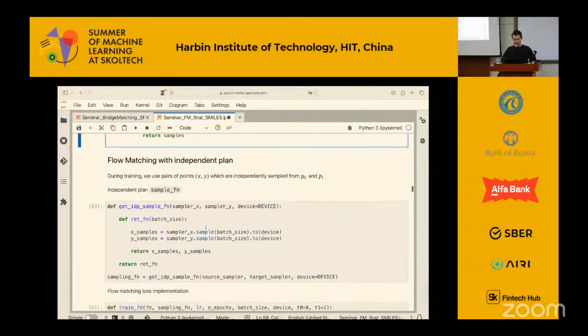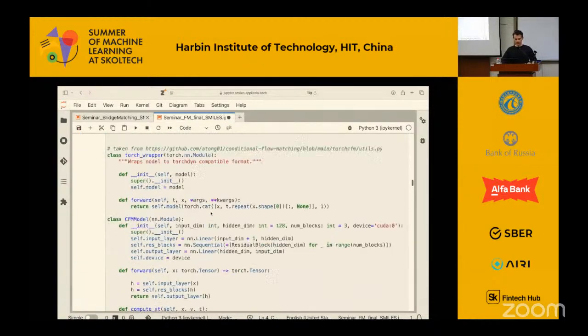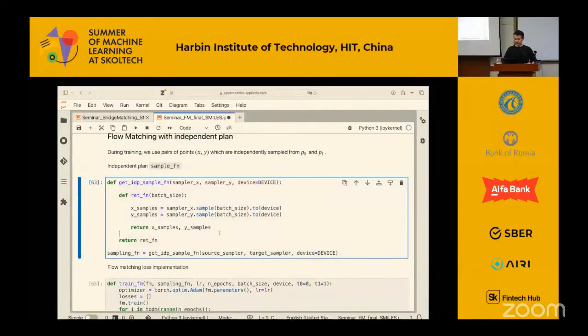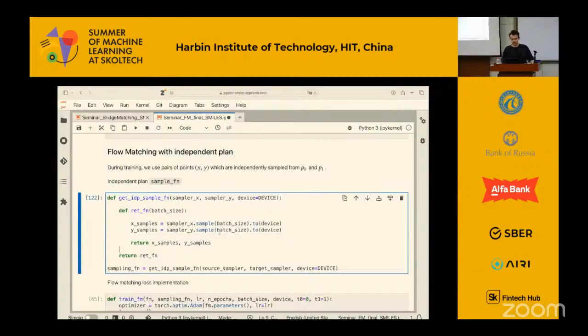Okay, now we have this CFM model class implemented. Now let's train flow matching. First we will start with flow matching with independent transport plan. As Alexander said in the previous lecture, we can take flow matching with different general transport plans.